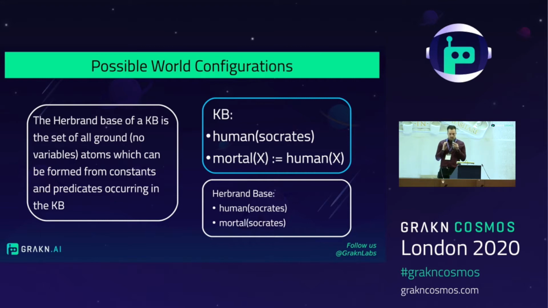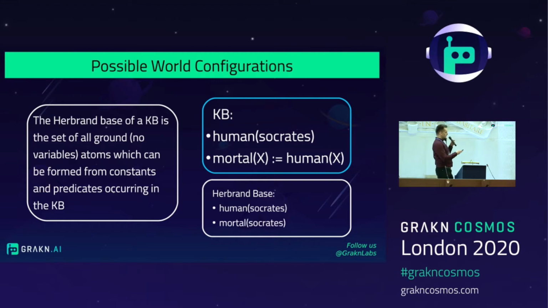It sounds very profound, but it is actually the following. Say you have a KB, a knowledge base. Your knowledge base is basically a set of constants and a set of predicates. A Herbrand base of this KB is simply the set of all possible ground atoms, so facts, that can be built from your constants and predicates.